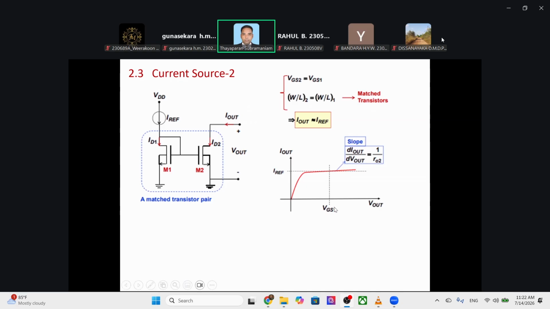That means this is I out, and dI out over dV out is the slope. In fact, 1 over R out 2 is the slope, because I is on the y-axis. Let's look at the output impedance of this circuit.